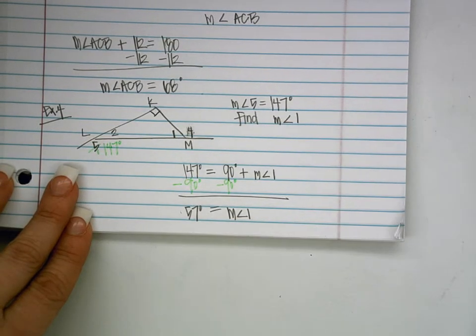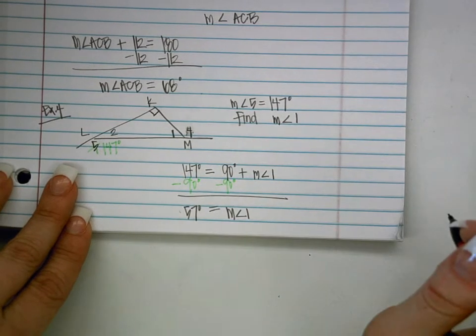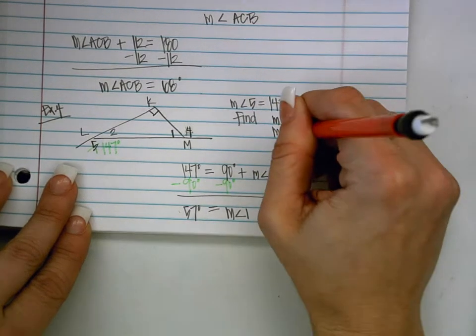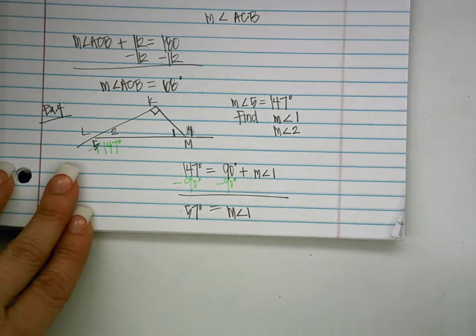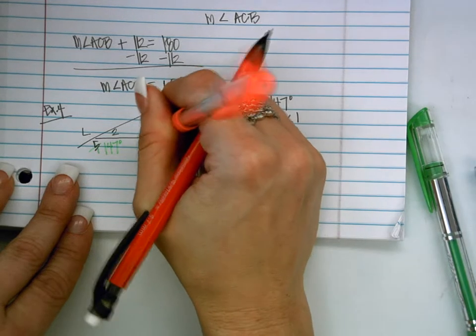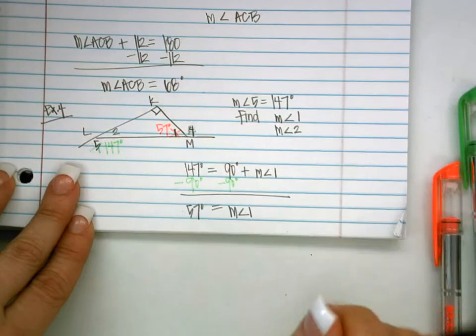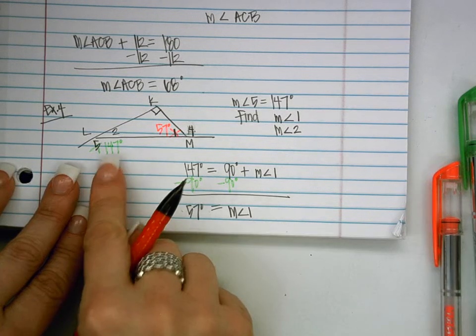Now, what would be the measure of angle 2? How do you find the measure of angle 2? If we know that this one is 57, you subtract 147 from 180. Why would you subtract 147 from 180?